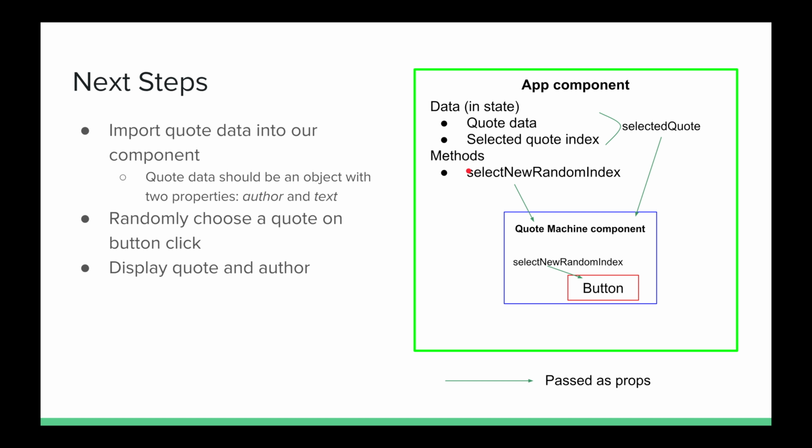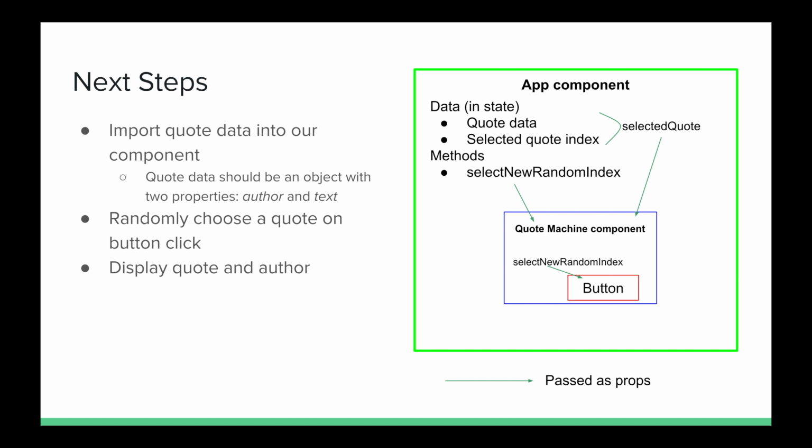We also will need a method called, let's just call it select new random index, and that'll select a random index from the quote data array. And we can also pass that method into the quote machine component. From the quote machine component, we'll pass that method into our button component, and that, when we pass a prop from one component to another component and to another component, is called prop drilling.